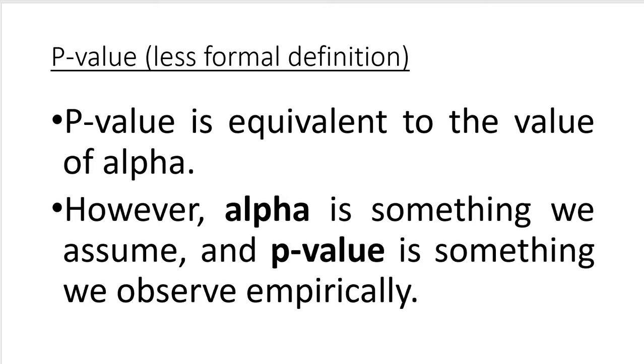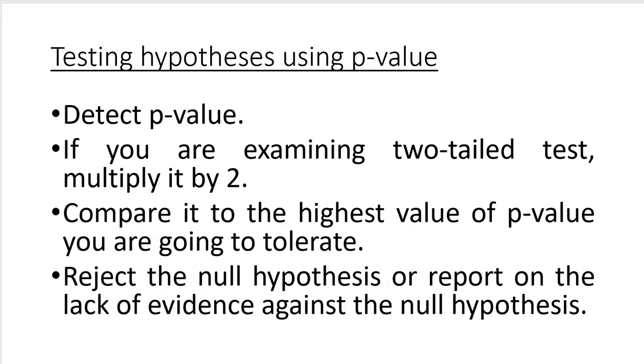So the procedure is very simple, although it's not that similar to the procedure of testing the hypothesis we discussed in the previous lecture. So first of all, you have to detect p-value. If you perform a two-tailed test, you have to multiply it by 2 because, as you remember, in case of a two-tailed test, we analyze both sides of the distribution.